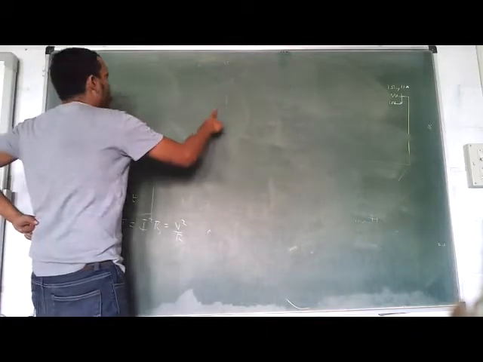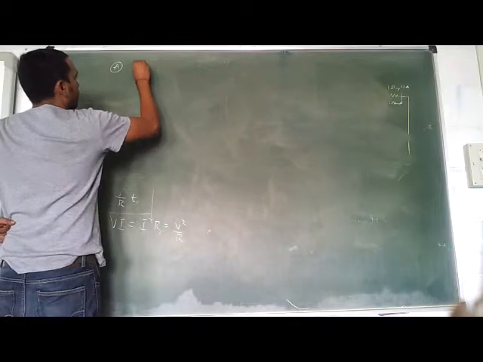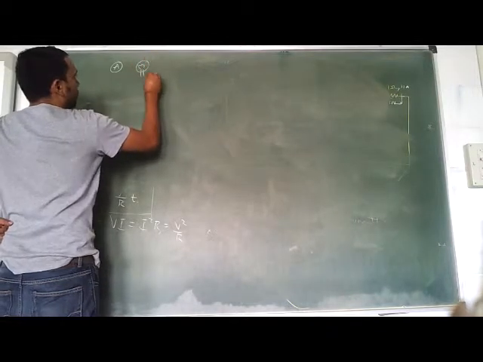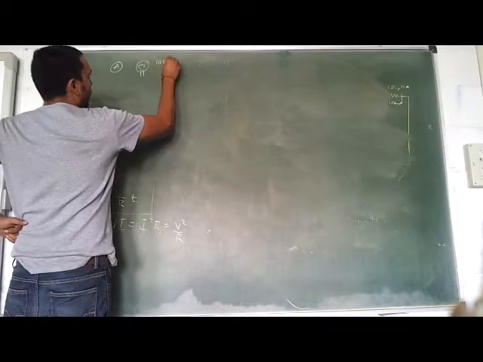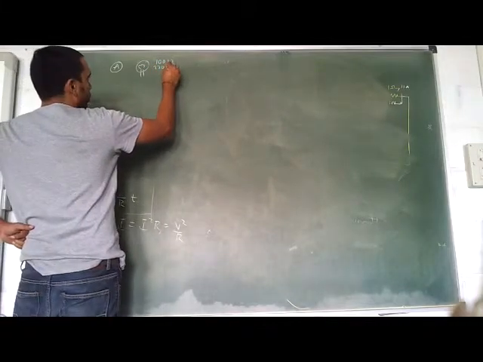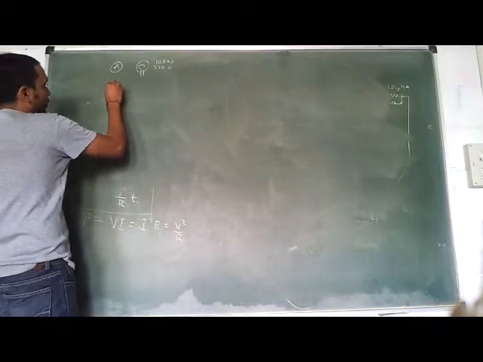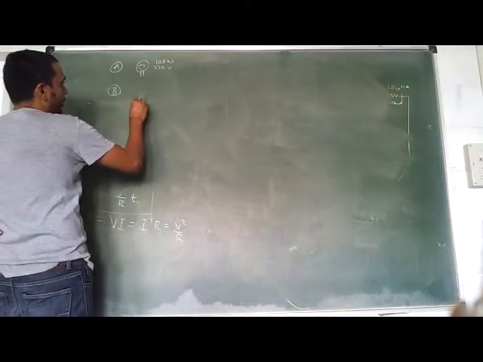Two bulbs. Bulb A, what is the rating? 100 watt and 220 volts. What you generally buy for your house, if you buy the normal bulbs nowadays.